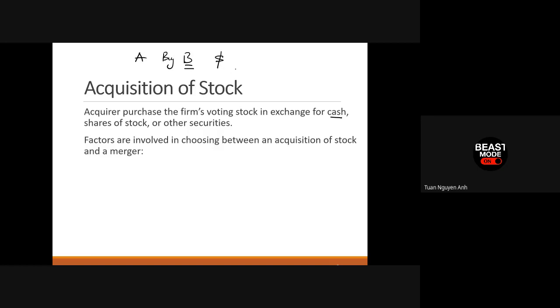And there are no shareholders of B in the bigger A anymore. They are receiving the cash and they are selling the company completely. They do not own any right or any benefit from the bigger A anymore. So in the acquisition of stock, the voting stock will be exchanged for cash, shares of stock, or other securities. The factors involved in choosing between an acquisition of stock and a merger are here.